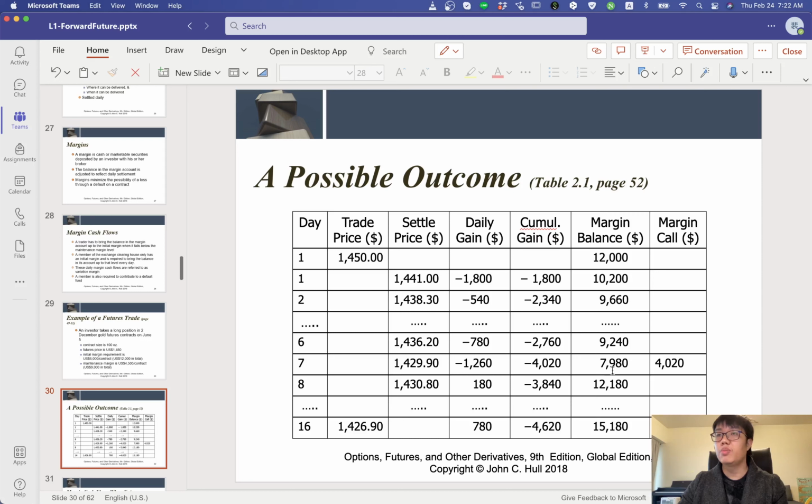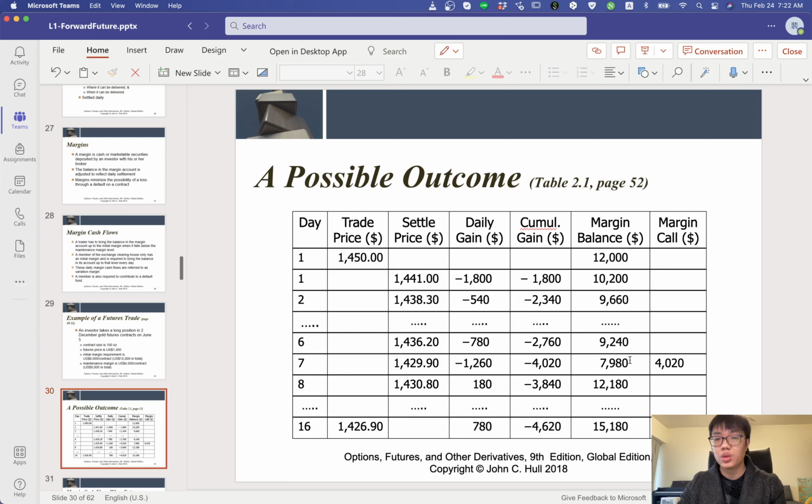It means that your margin balance is below 9,000. So remember, 9,000 is what? The maintenance margin. Because your margin balance is now below this number, you will receive a margin call from the broker asking you to put more money into your margin account.